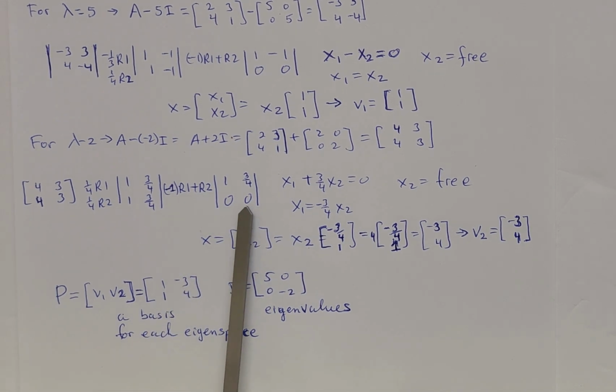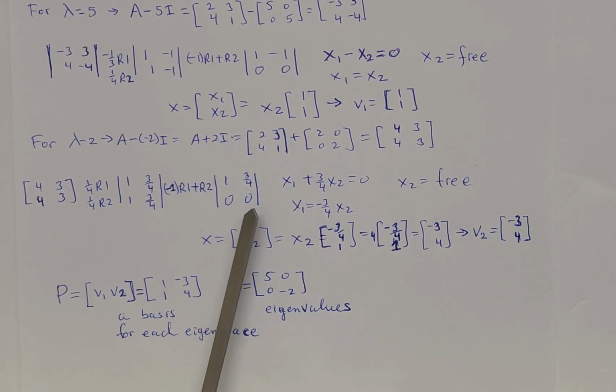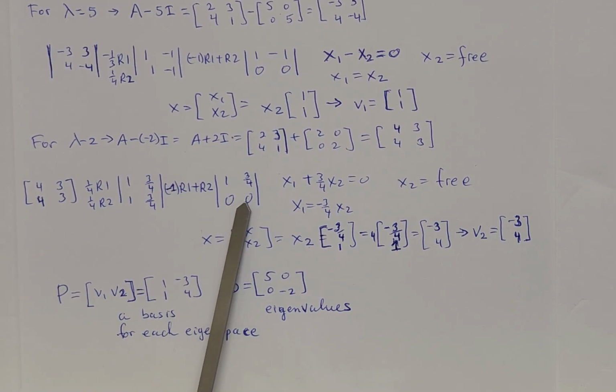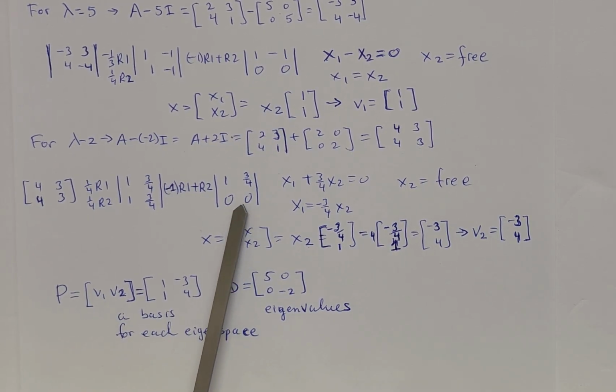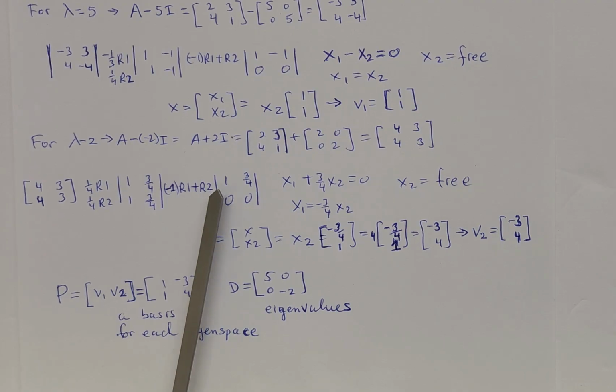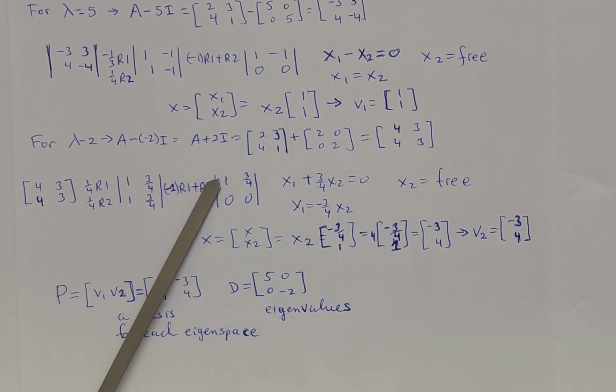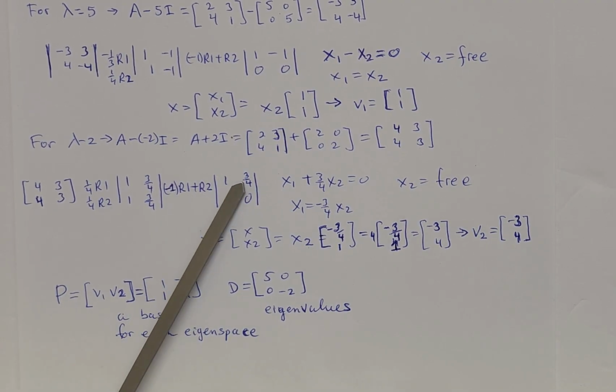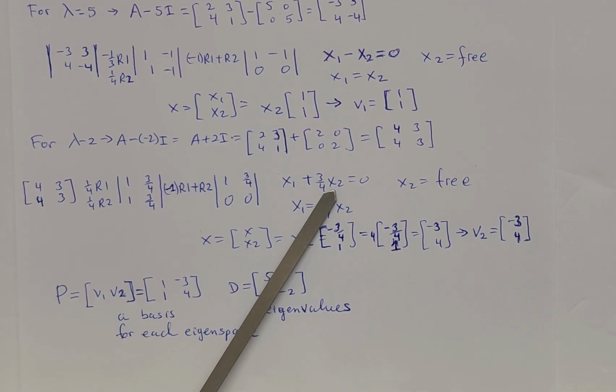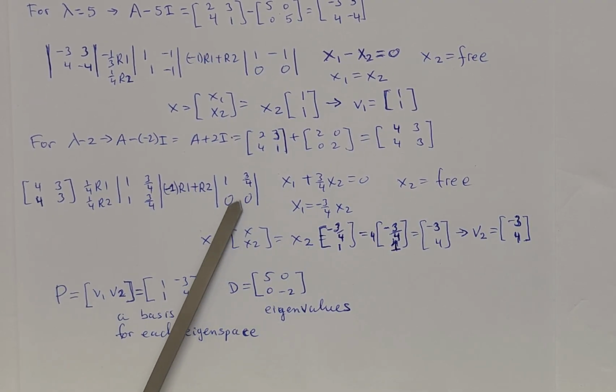Now since this is a 0, we can stop. Or if this is a 1, that's fine too. But since this is a 0, we can stop. So 1 x1 plus 3/4 x2. Okay, solve for it. I get -3/4. This is my second pivot.